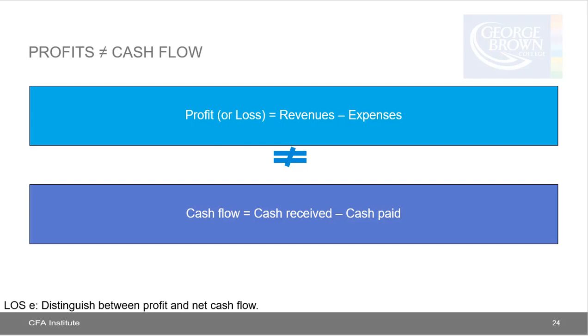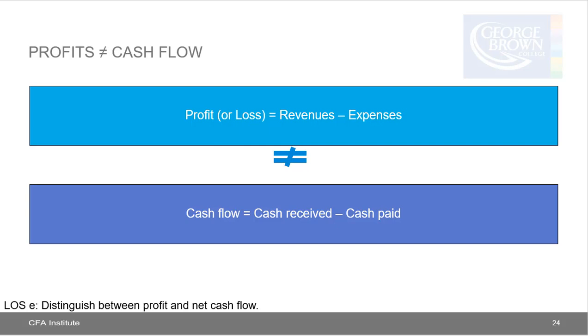So because of the timing difference between when revenues are earned and when customers pay their bills, the cash received during a particular period is not likely to be the same amount as the revenues earned during that period unless all sales are for cash. So equally, the cash paid for expenses during the period is not likely to be the same amount as the expenses recognized on the income statement.